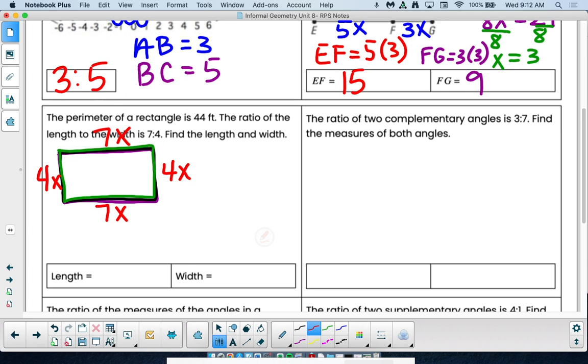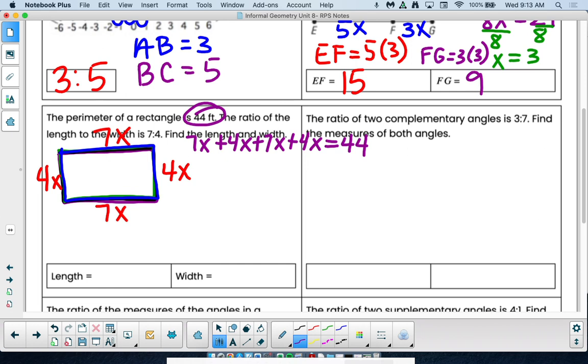So now we know, folks, if you were to walk all the way around the rectangle, how many total x's would you have? So you're going to have to write it out, and that's okay. So we're going to have 7x plus 4x plus 7x plus 4x, and that's going to equal 44.